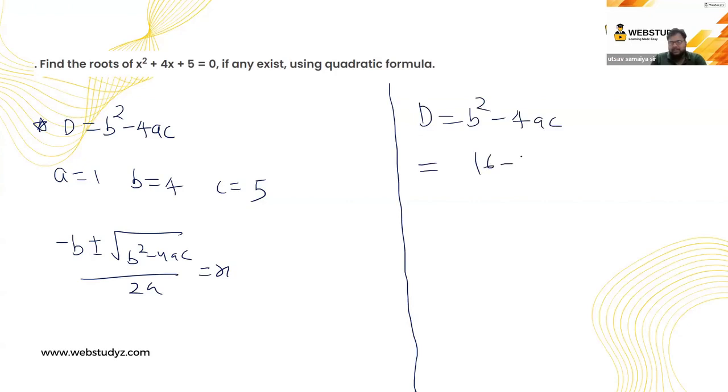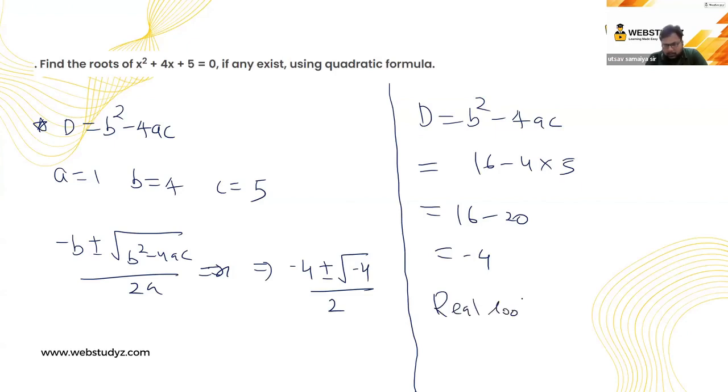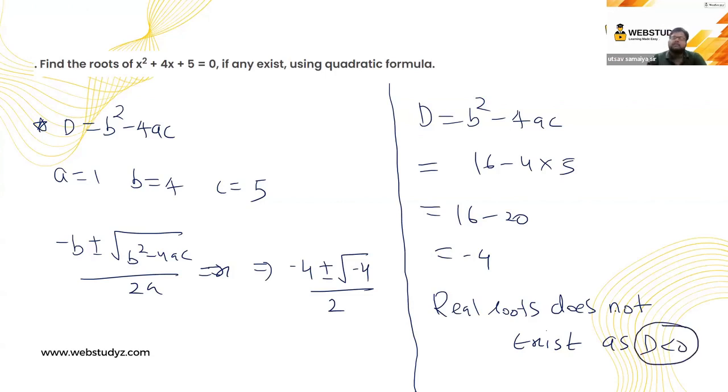That is going to be 16 minus 4 into 5. 16 minus 20, minus 4. So real roots do not exist as D is less than 0. No real roots exist. Any doubt in this?